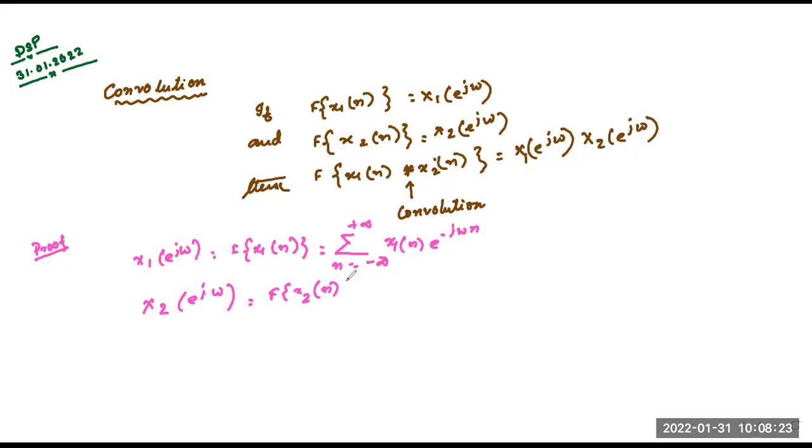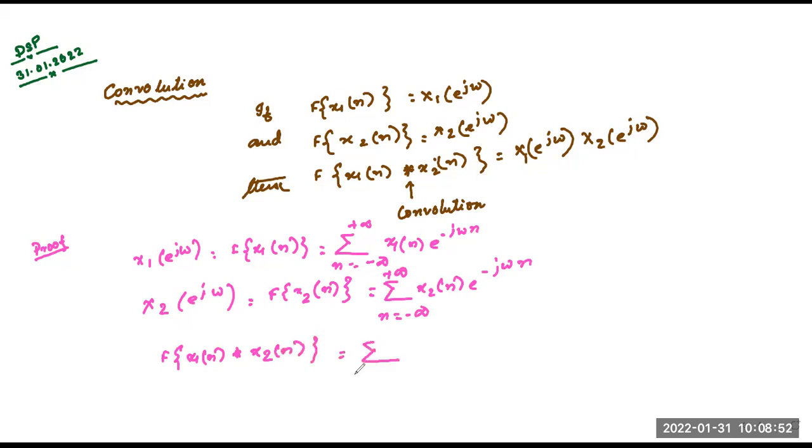x2[n], equals the summation of n equals minus infinity to plus infinity, x2[n] e to the power minus jωn. So the Fourier transform of x1[n] convolved with x2[n] equals the summation of n equals minus infinity to plus infinity, in brackets x1[n] convolved with x2[n], into e to the power minus jωn.